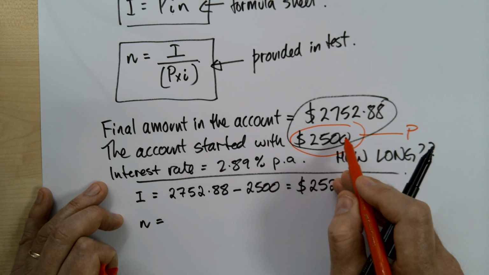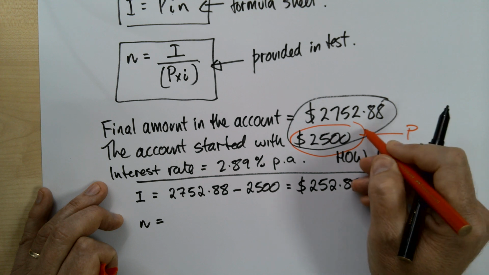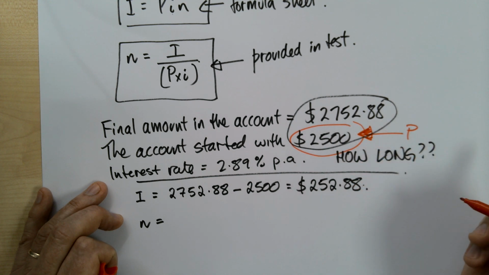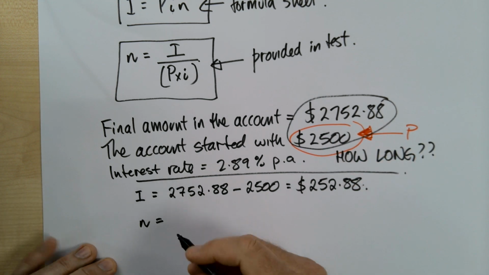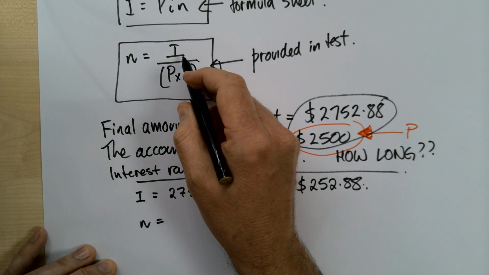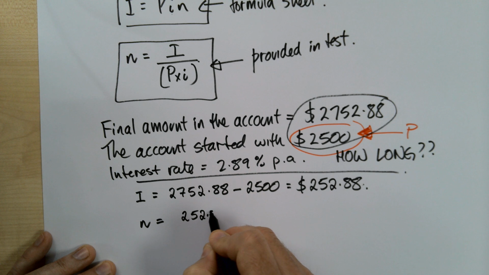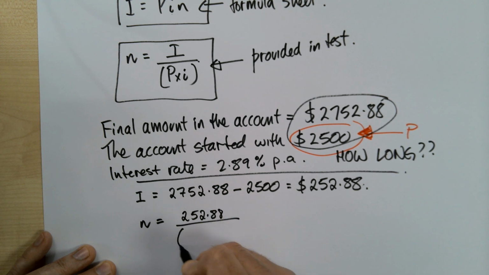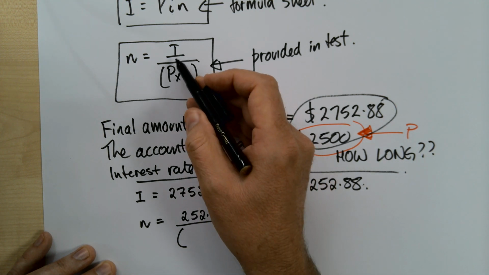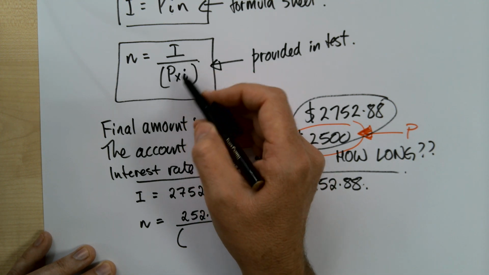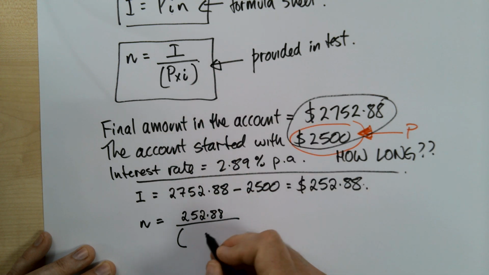There's no law that says you can't annotate the exam question like that, just like I've just done. Big I is this bit here, so 252.88 over, and please use the brackets, because if you just type that in, divide that, times that, it won't work well. You need to put the brackets in.